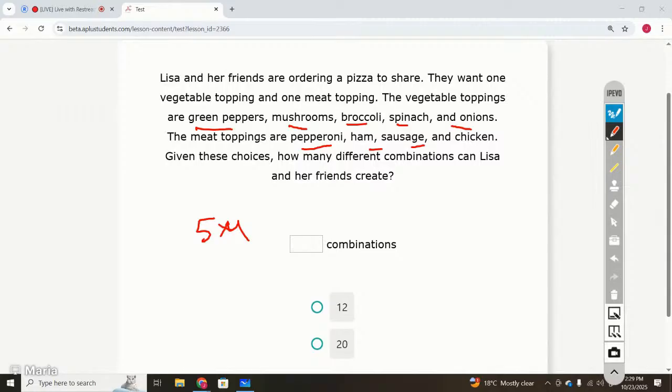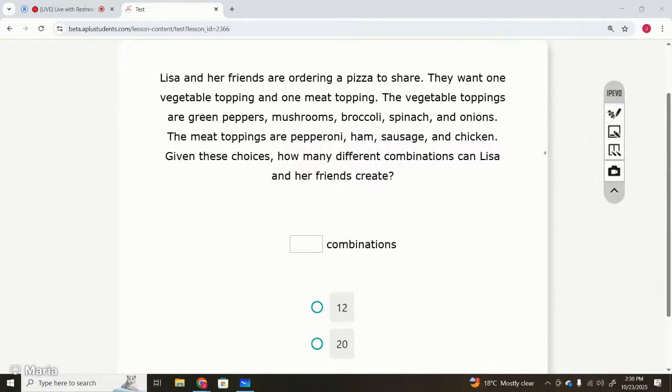So which is the correct option? 20 it is. Option number 2 is the correct option.